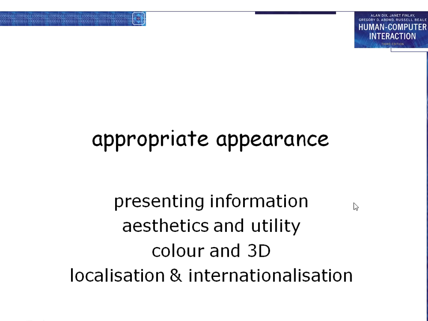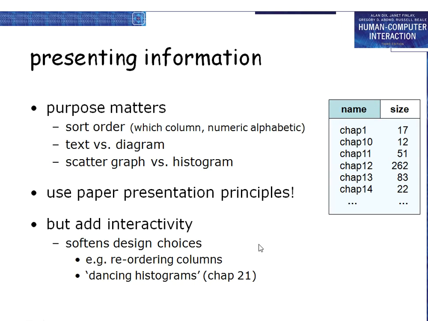Okay, for the third interaction design basic, it is appropriate appearance. It is about the appearance: presenting information, aesthetic and utility, color and 3D, localization and internationalization. Presenting information means how to present the information in a way that helps your user grasp and understand it quickly.